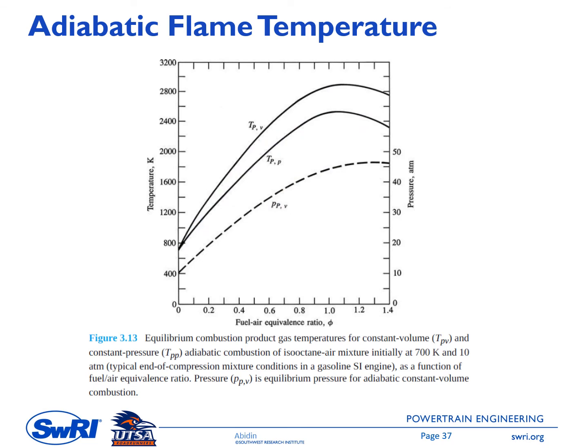This plot shows the dependency of adiabatic flame temperature on the equivalence ratio phi. You can see that adiabatic flame temperature is maximum when phi is 1, or maybe slightly higher than 1, so 1 point something. But it's close to phi of 1, stoichiometric combustion.